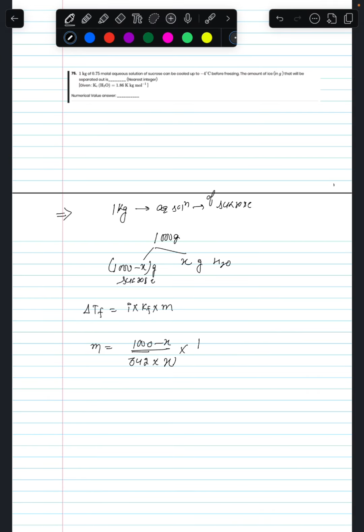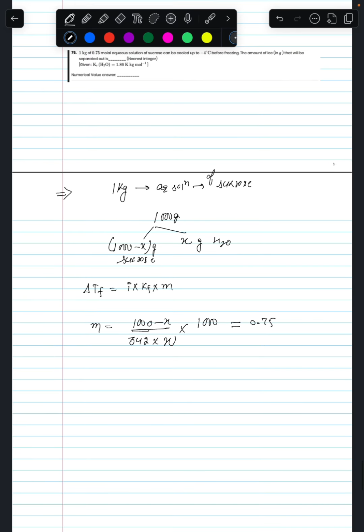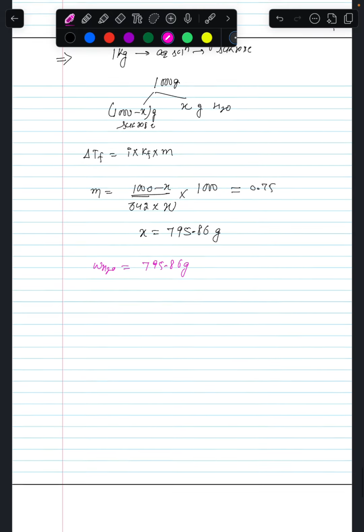It is in gram, so multiply by 1000 to get kilogram. That is equal to 0.75. After calculating, the x value will be 795.86 gram. This means the weight of solvent water is 795.86 gram, and the rest is sucrose.